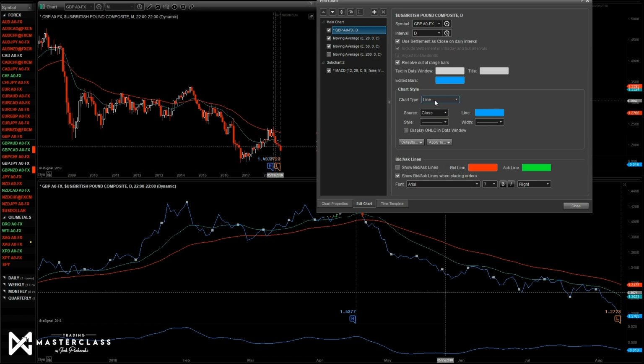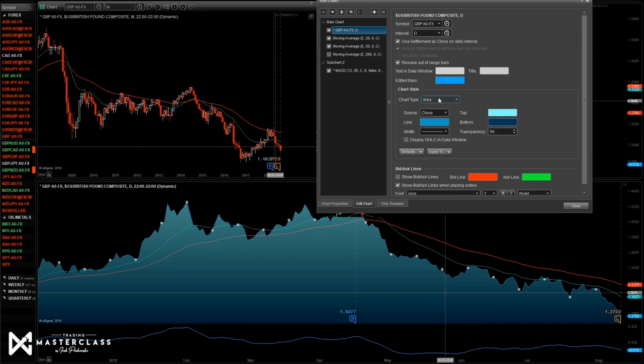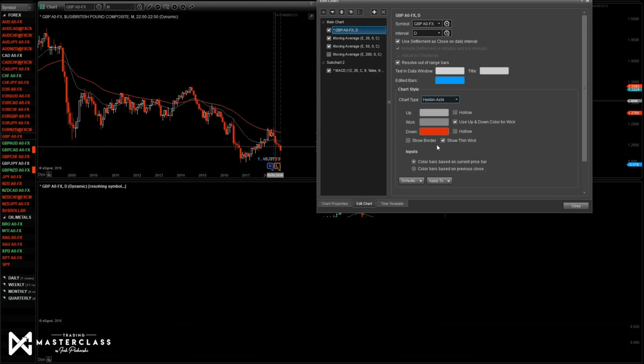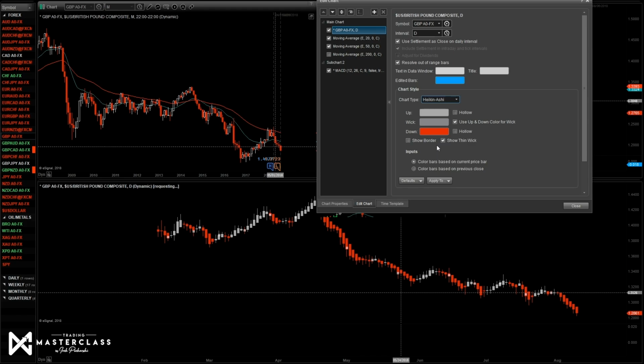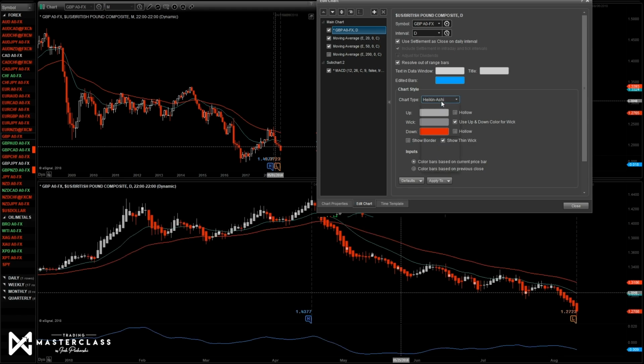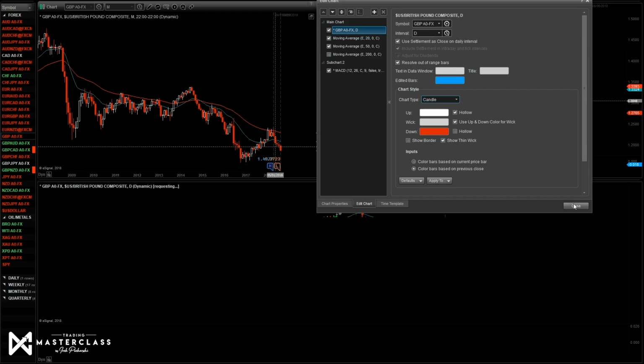A line is great to map out an overall price, but it doesn't have the detail of a candlestick, and I'll show you what that detail is in a second. There's also an area, which you see a lot as well. That can be used to graph the overall price of the market. And then there are other candlestick types as well, but the one we're going to focus on is just a simple candlestick.